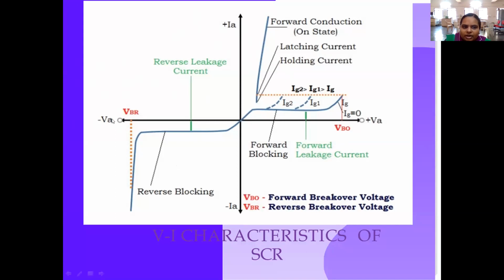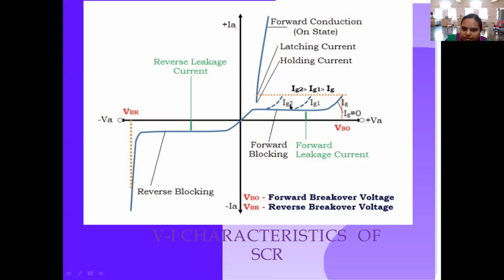Here, anode voltage from minus VA to plus VA, against the anode current. This is the anode current. We are drawing the graph. Observe here, this part is for forward conduction.